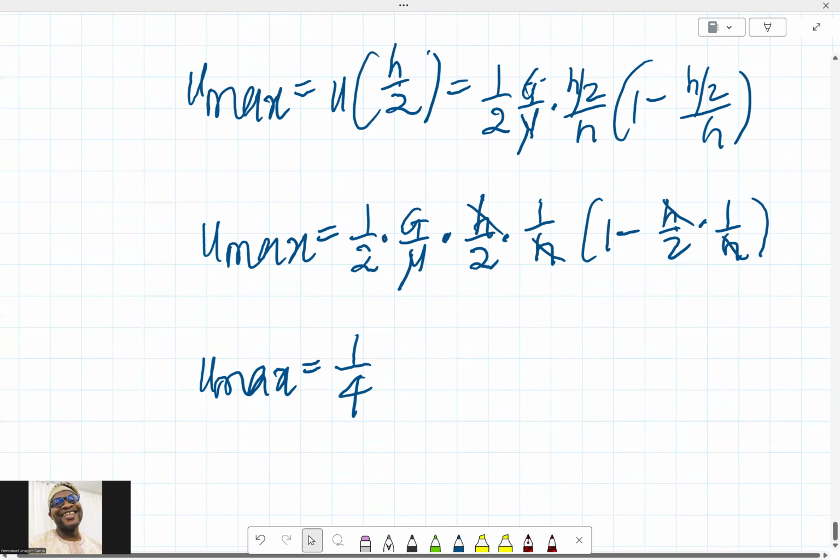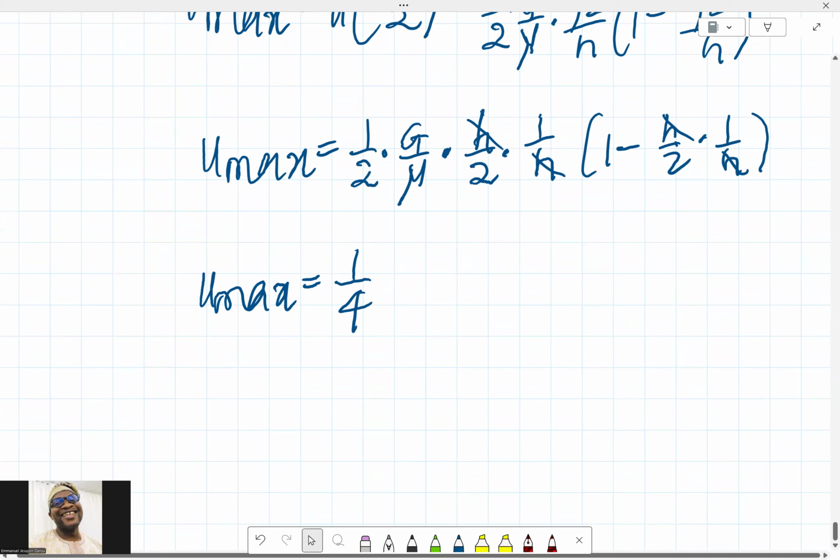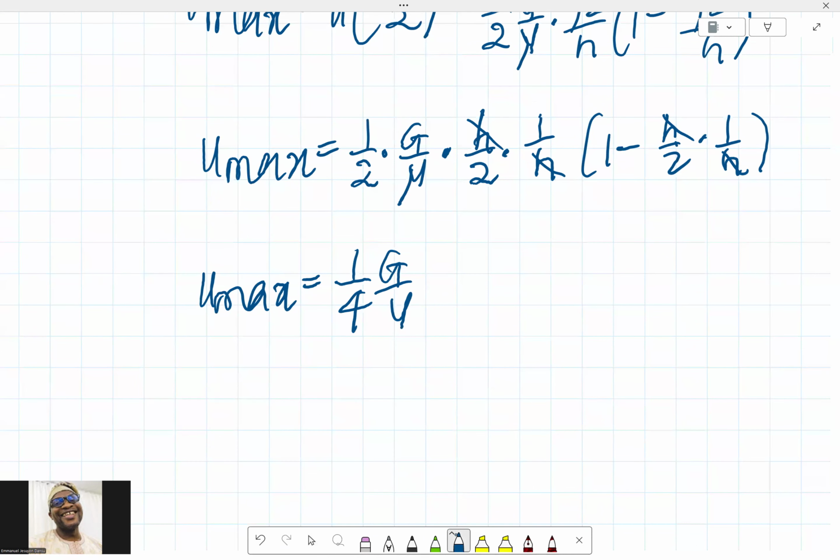But you want to check that to be very sure, in case I've made any mistakes. So this is 1 over 4 g over mu. Okay, what do we have else here again? So we have that into 1 minus half. Yeah, that's 1 minus half.